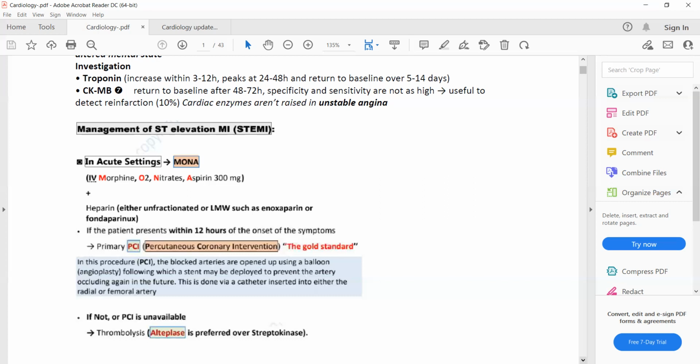So this initial management is the same for ST elevation MI, unstable angina, and non-ST elevation MI. Initial management consisting of morphine, oxygen, nitrates, and aspirin 300 milligram plus heparin will be the same in all three cases.